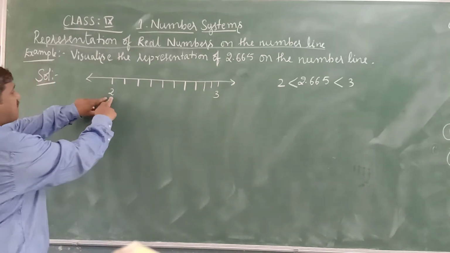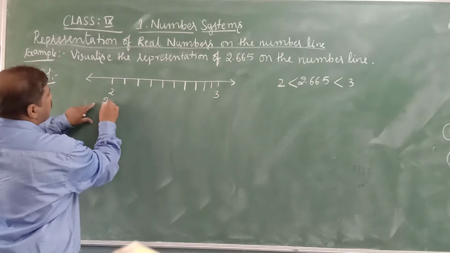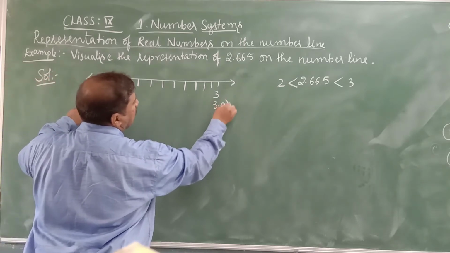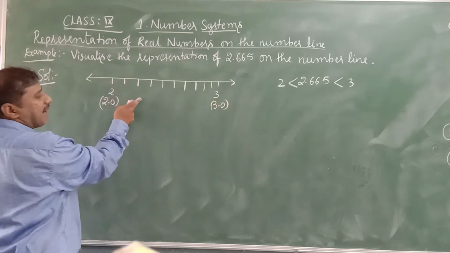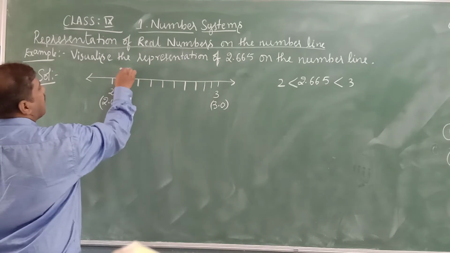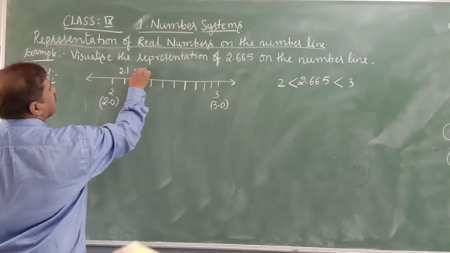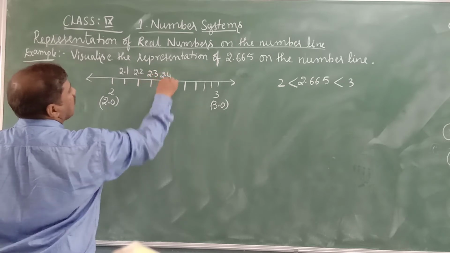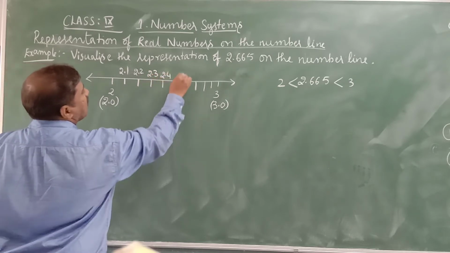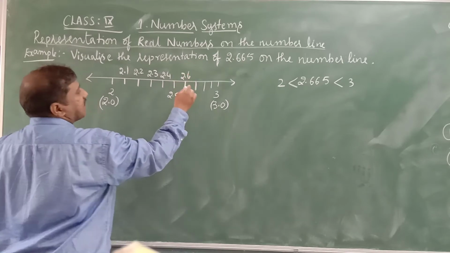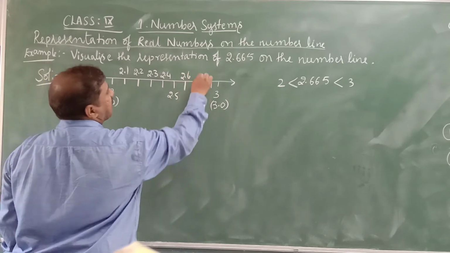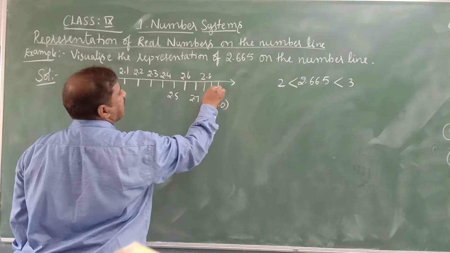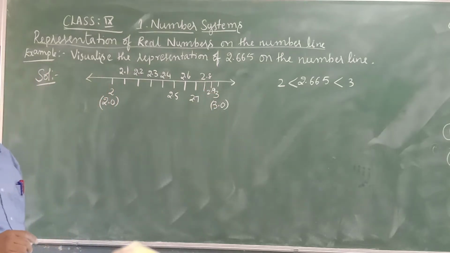Here 2 means 2.0 and 3 means 3.0. The first line will become 2.1, then 2.2, 2.3, 2.4, 2.5, 2.6, then 2.7, 2.8, 2.9, then 3.0, that is 3.